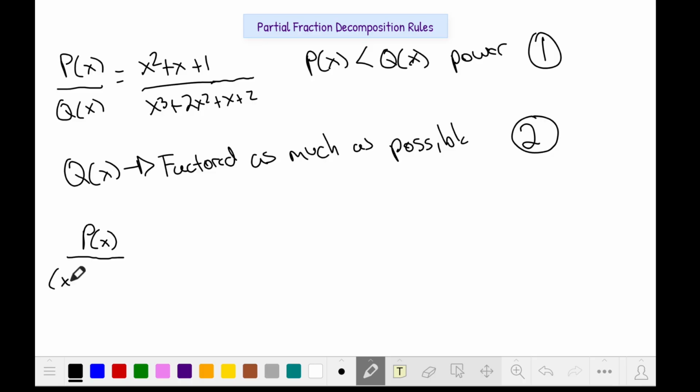Let's say it was x plus 1 times x plus 2. Now these are the best case scenarios, because this is what is known as non-repeated linear factors.